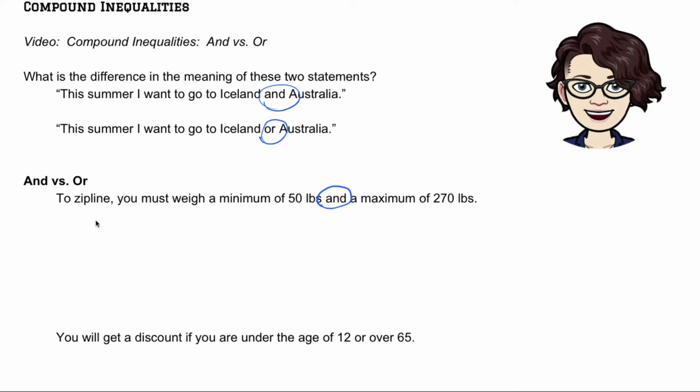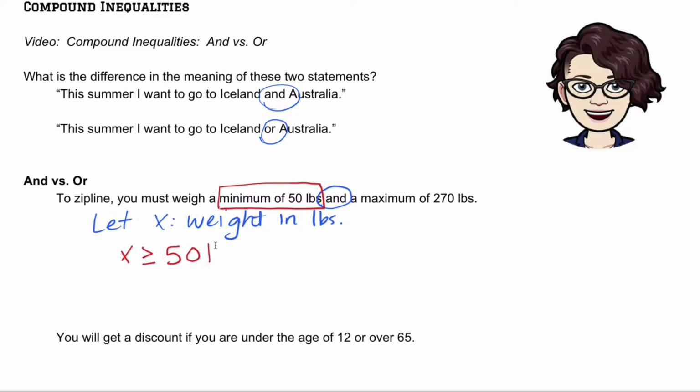So let's talk about this algebraically. Let x be the weight in pounds. The first requirement is that you have to be a minimum of 50 pounds. So you could be 60 pounds, 70 pounds. Could you be 50 pounds? Yes, minimum of 50 means you could be equal to 50 pounds. So we want x to be greater than or equal to 50 pounds.